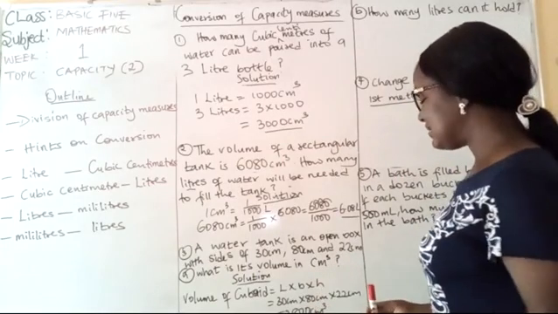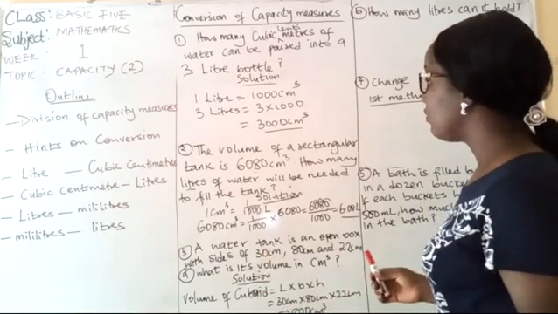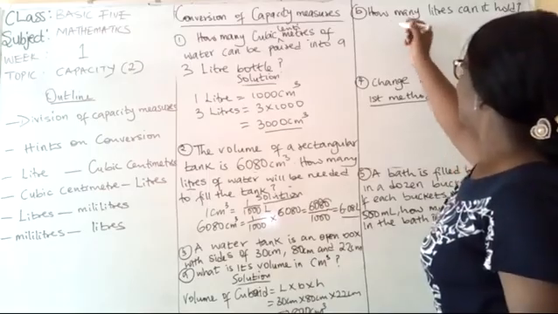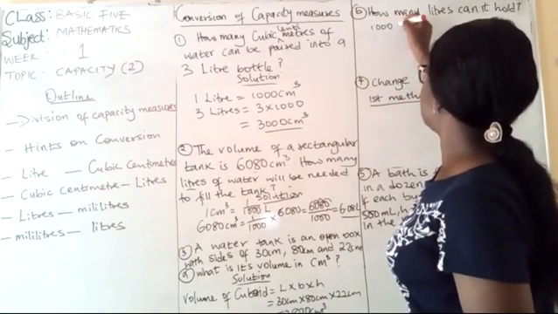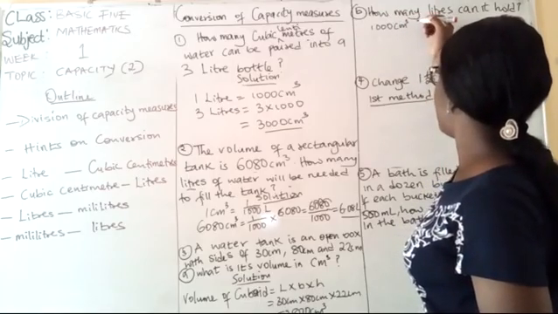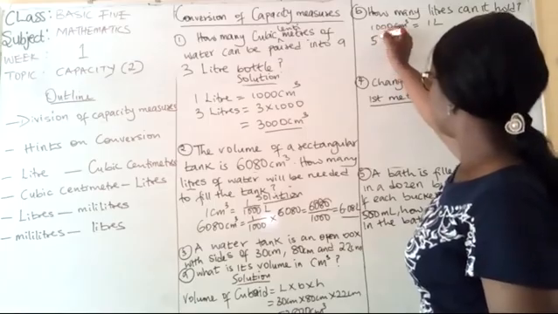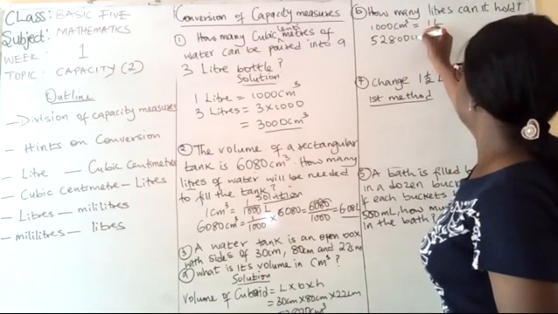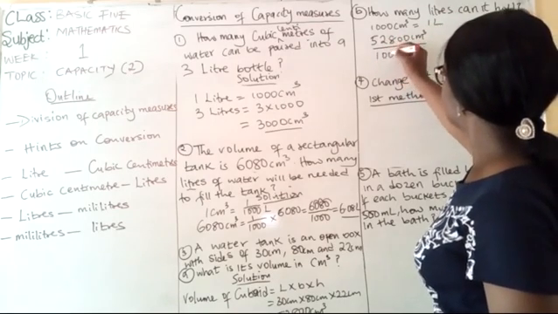Okay, so it is simple. You're converting from cubic centimeter to liter, right? And you know what to do, and that is what we did here, right? Okay, so over here we have 1,000 cubic centimeter will be giving us 1 liter. So when we have 52,800 cubic centimeter, you're converting to liter, you simply what?